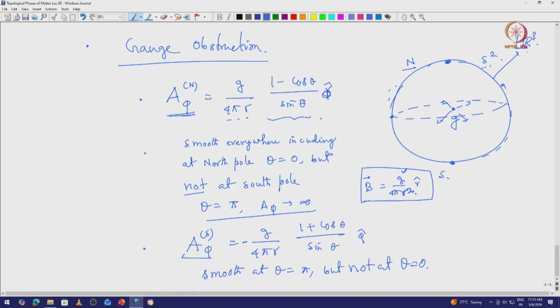Each of them is arbitrary. You can add a function and you can change it, but what you cannot change is the difference between them.